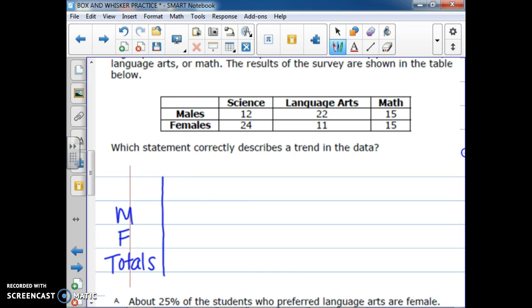Then up at the top, I need my subjects. I have science, language arts, and math, and then I'm going to make another column for totals.